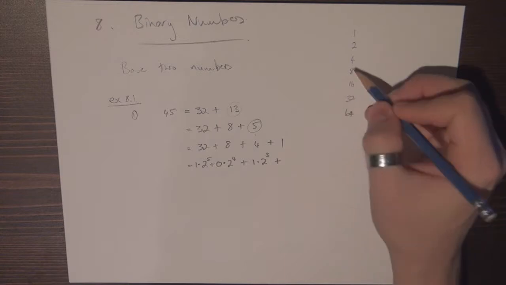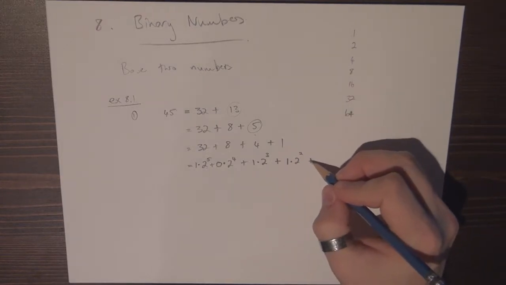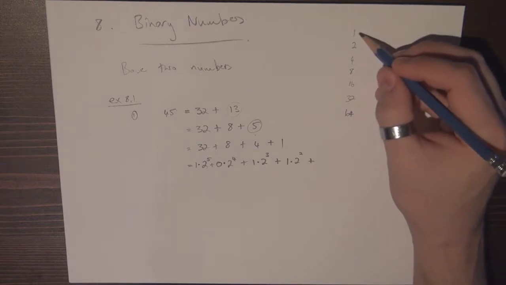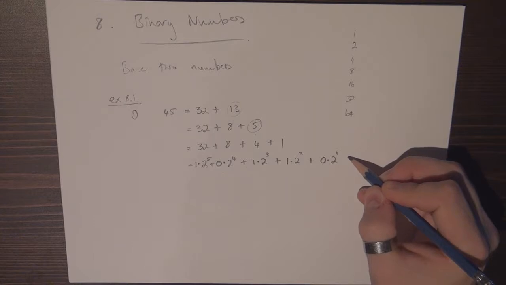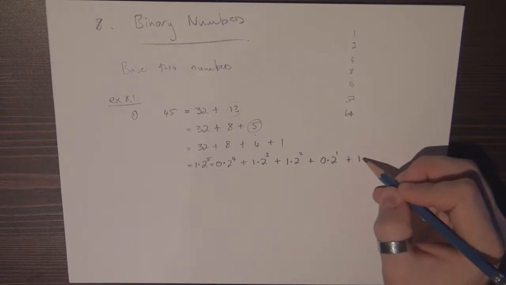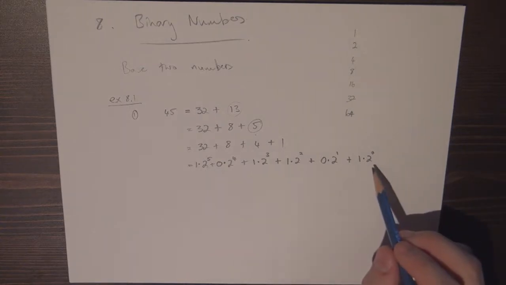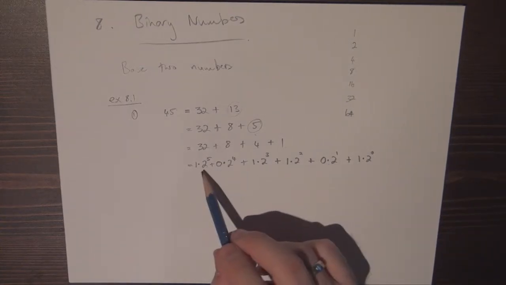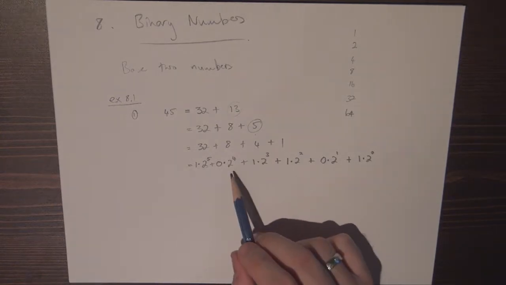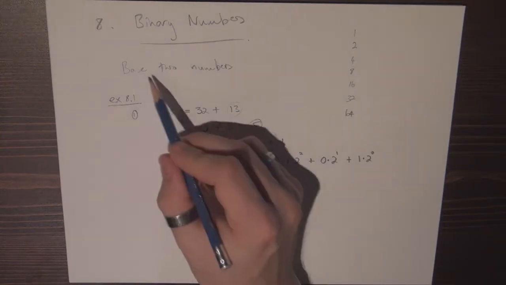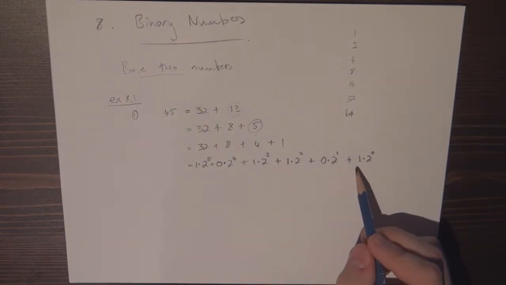I need to use a 4. Then I don't have any 2's. I skip 2. So I have 0 2's, which is 2 to the 1. And I have 1 left, or 1 group of 2 to the 0. So all of them are powers of 2. Some are there and some are not. And because my base is 2, the only numbers that can be here are 0 or 1.